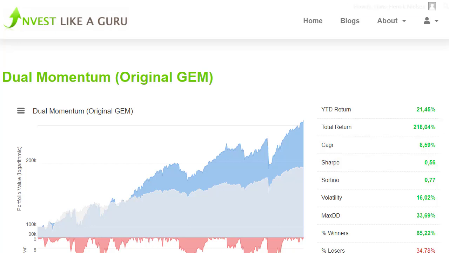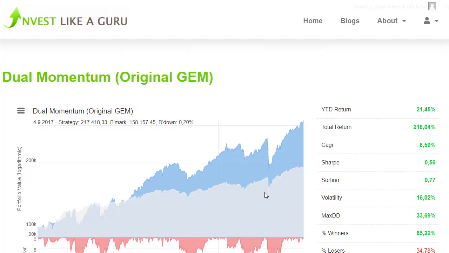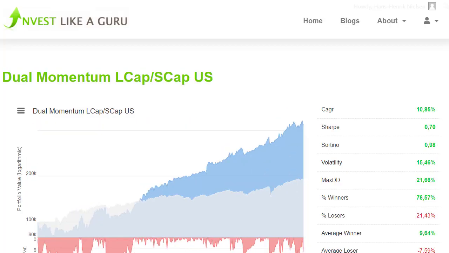And in the last video, we tried to improve this strategy a bit. Instead of going between the rules that Antonacci told us to follow, whether we should be in the S&P 500 or the world index excluding US equities, we went another way by taking a look at large cap and small cap in growth and value stocks.